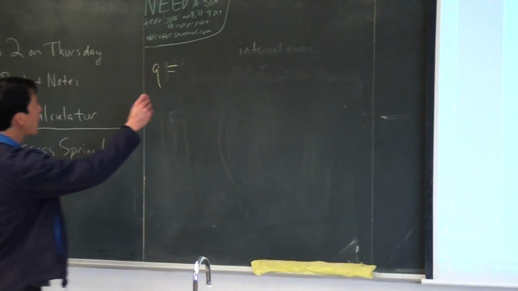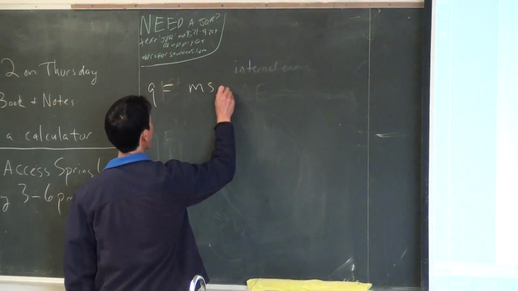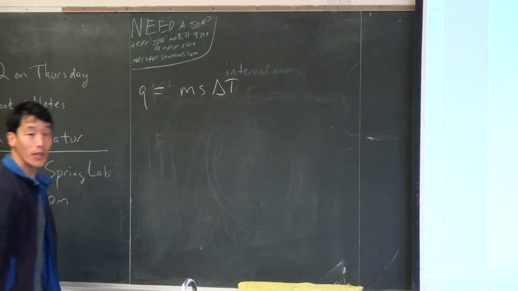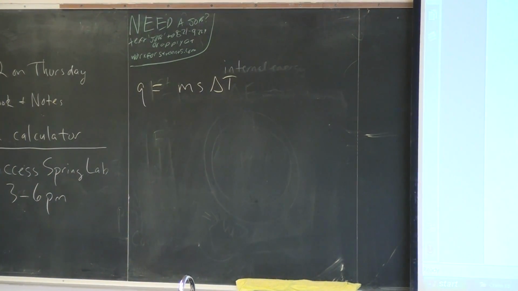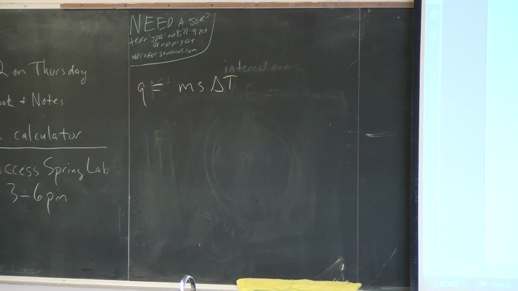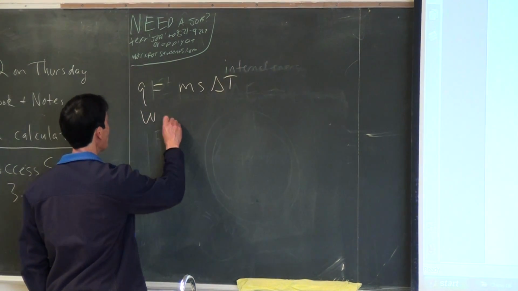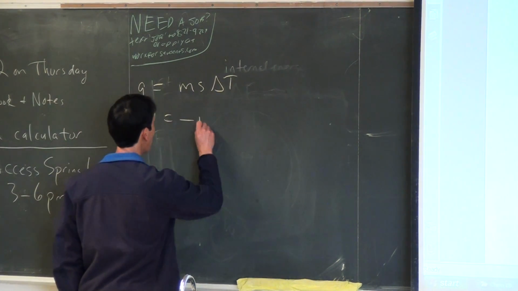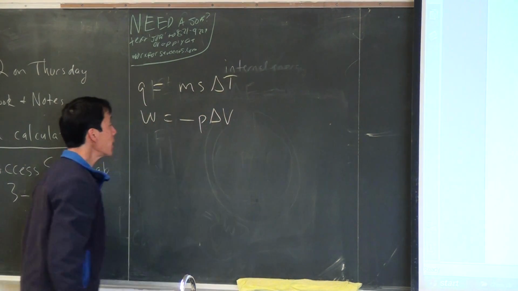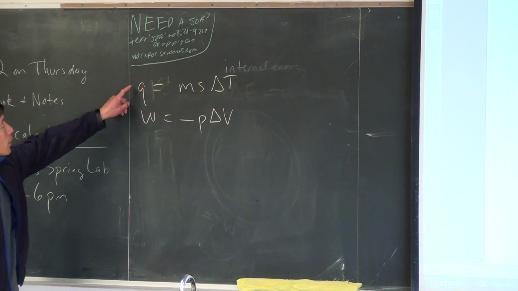Yeah, we can use m times s times delta T. We can directly measure work using what formula? Work is equal to minus P times delta V. So using these two formulas, we can directly calculate Q and W.